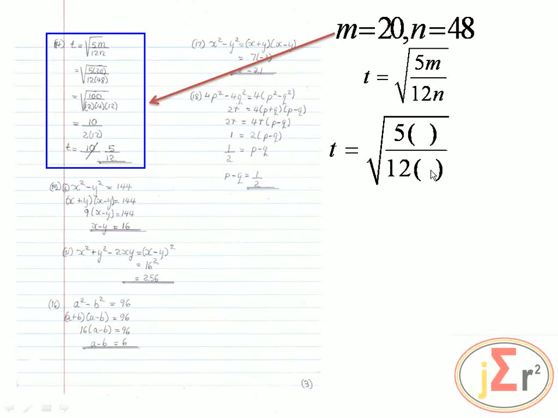These slots are empty because we will substitute the particular values of m and n into the expression. M is equal to 20, and the blank slot that is left there by n, we place 48 right there.